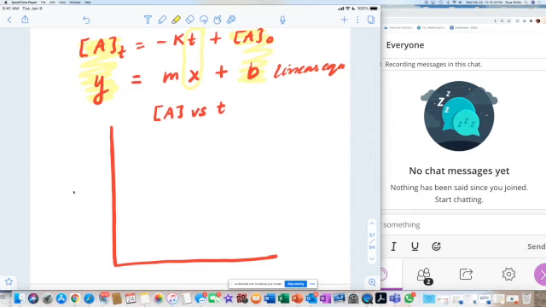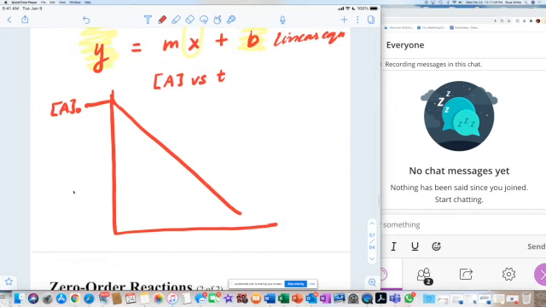My slope is negative, so it's a straight line with a negative slope. When the line crosses the y-axis, that gives us this value here. This is going to be A naught. The y-axis is just A in general.